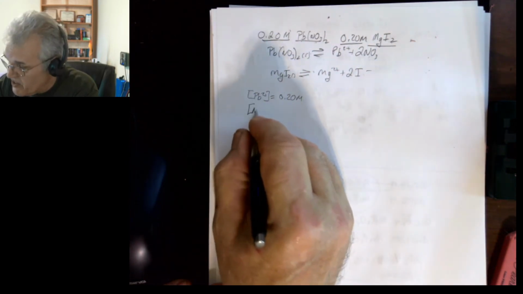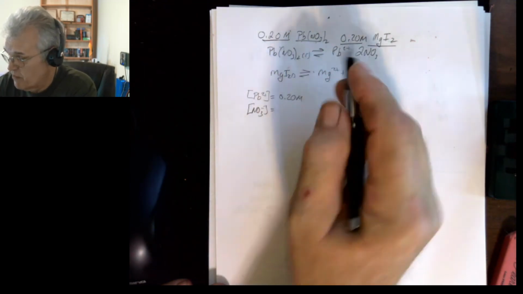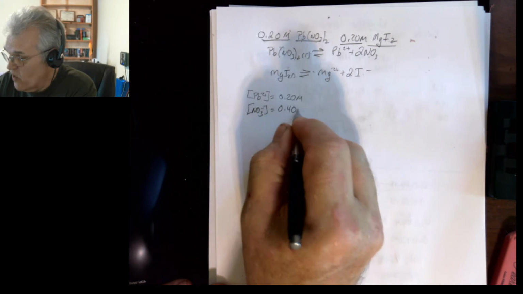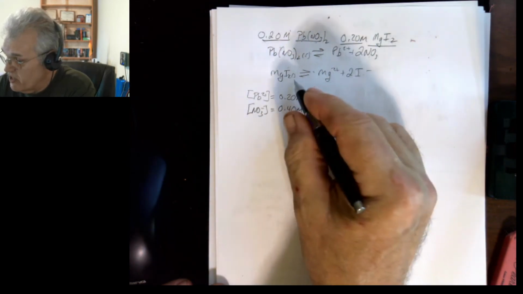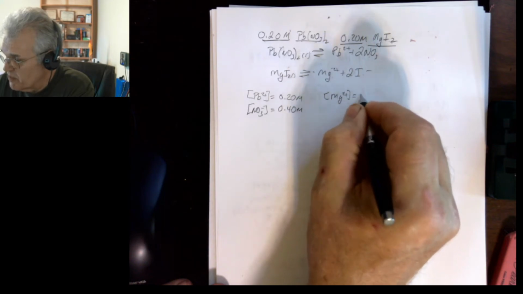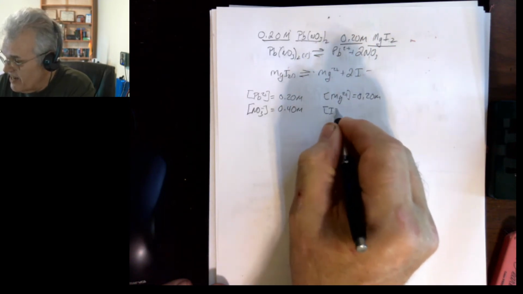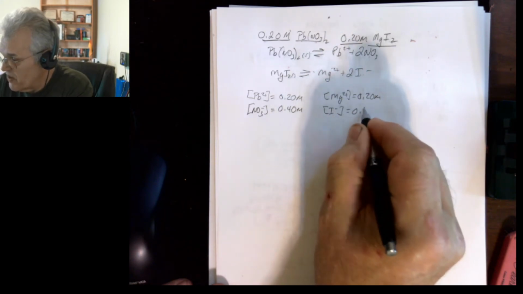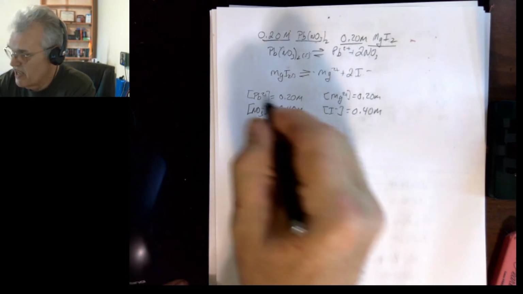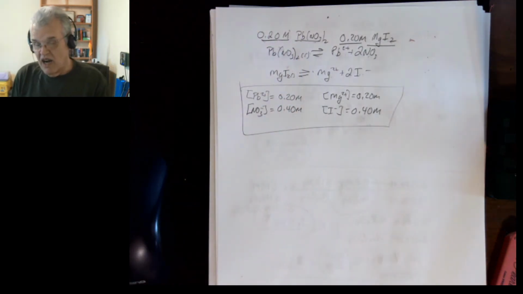Our nitrate concentration, NO3-, must be equal to 2 times 0.20, so 0.40 molar. For our magnesium, again, 1 to 1, so our Mg2+ must be 0.20 molar. But our iodide, again, is equal to 0.40 molar, okay? So that's the actual molarity of the ions when they're in solution, okay?